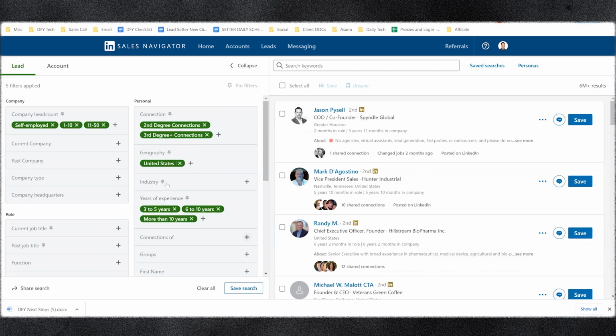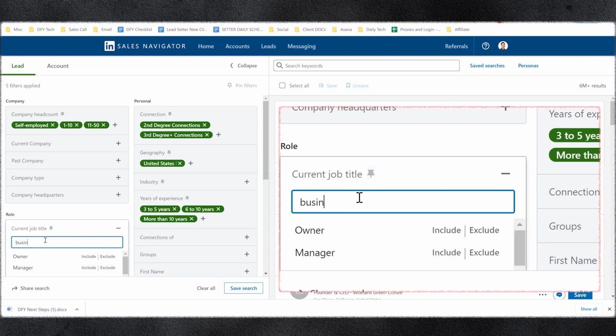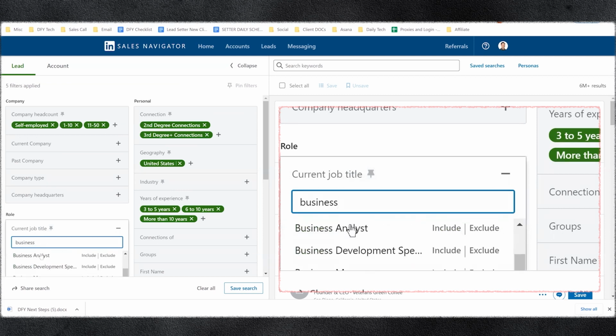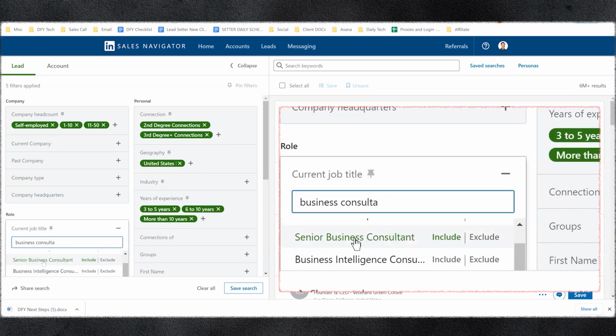Now, let's get back to the good old current job title. So now I want to go after consultants. So what do I do? I put in business consultants. Senior business consultant, that's fine.